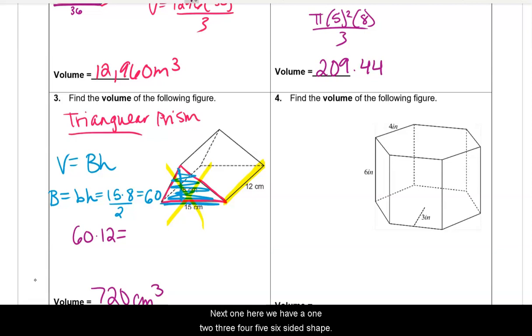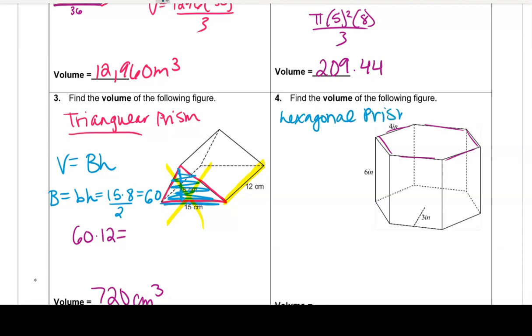Next one here, we have a 1, 2, 3, 4, 5, 6-sided shape, which is a hexagon. This is a pyramid, or sorry, a prism. So we have a hexagonal prism. For the hexagonal prism, of course, we're going to be using our volume of prism formula, which is B times H. In order to find big B of a hexagon, we flip over to the back side of our formula sheet, where it goes from square, rectangle, triangle, trapezoid, regular polygon.